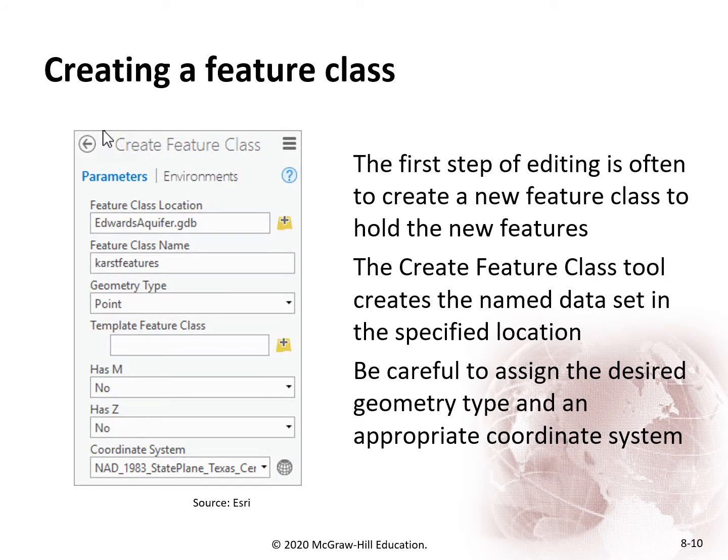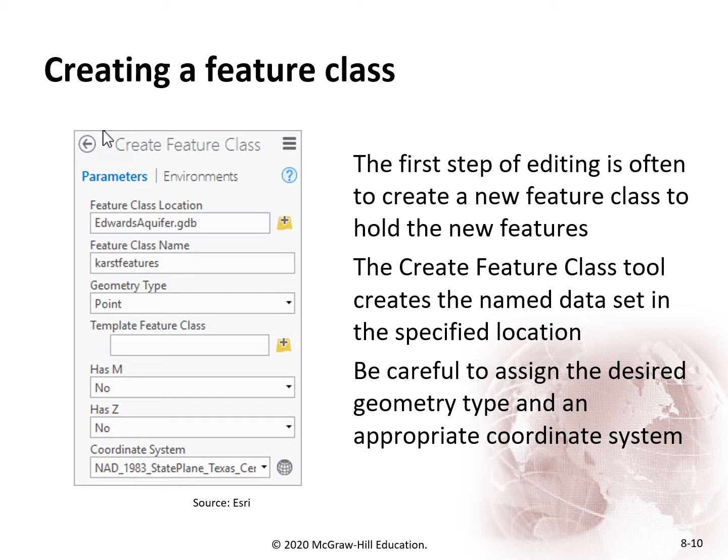Creating a feature class. This is something that people forget all the time. They want to draw a line or make a box or do something, and it's like, I turn on the editing tool and bring up the toolbar and I can't get it to make anything, and nothing's working, and what is wrong? Before you can edit something, you have to create it.